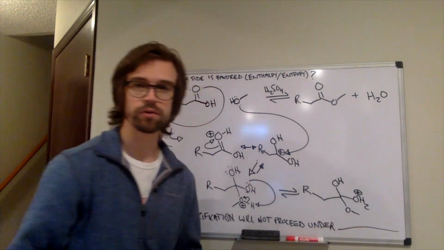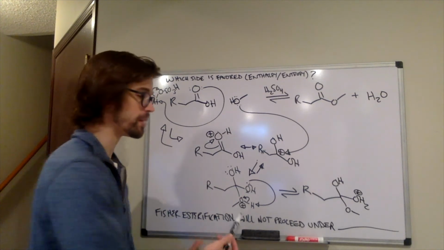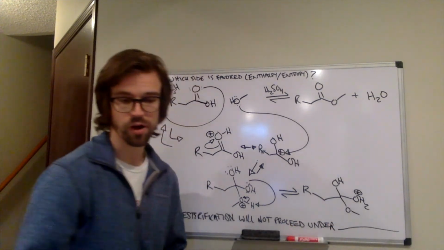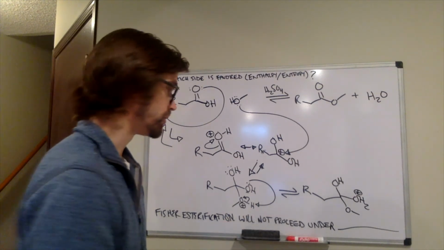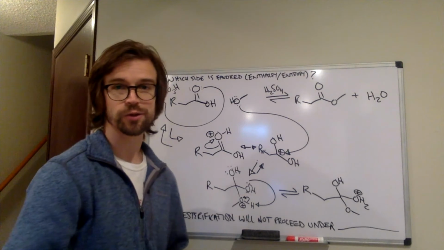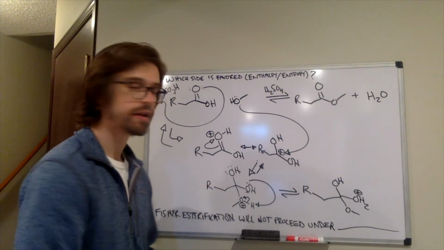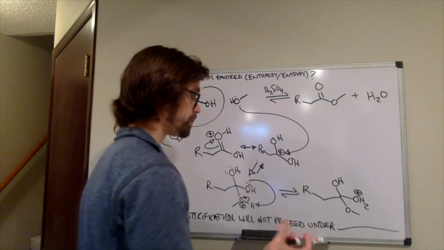Here's oxygen with 3 bonds around it and a positive charge. This is also oxygen with 3 bonds around it and a positive charge. So again, both sides are pretty much equal, so that transfer is going to be really low activation energy, and both of those species are going to be in equilibrium.